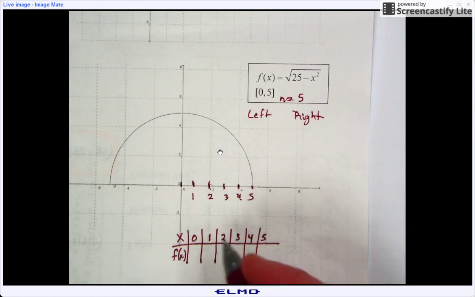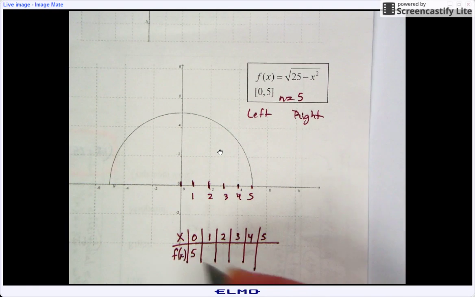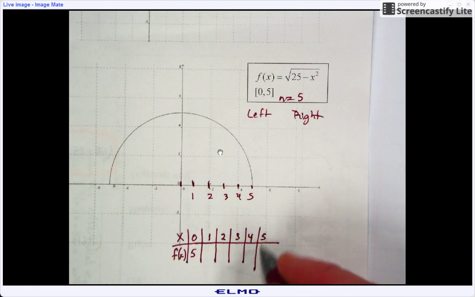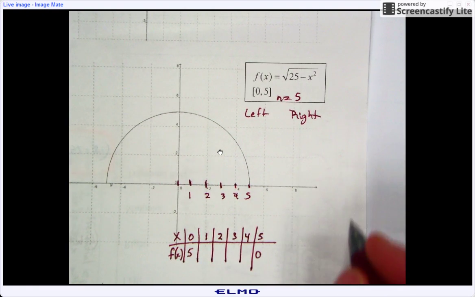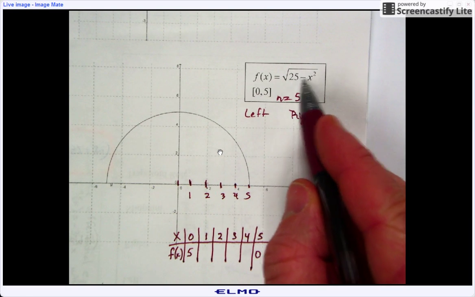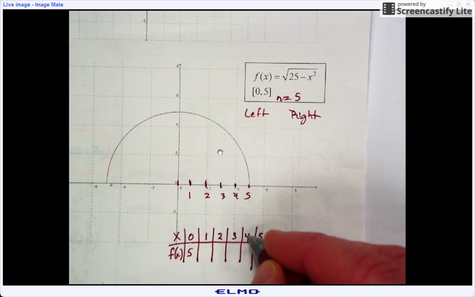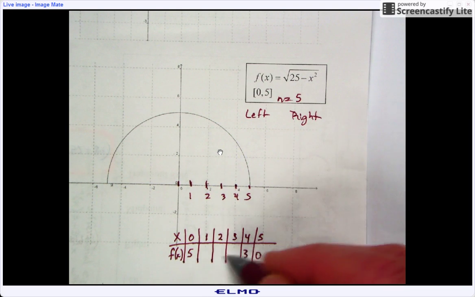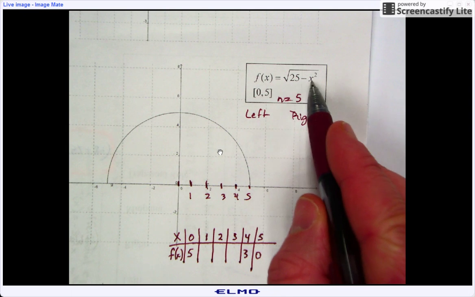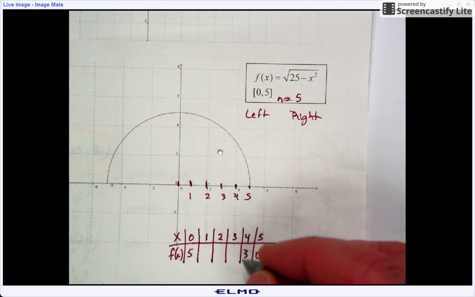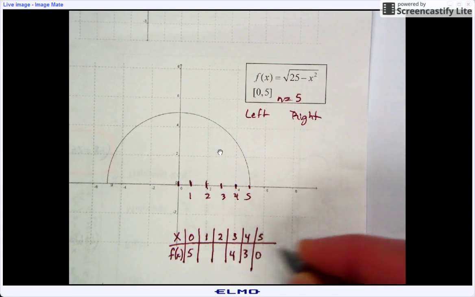So 0 is easy, that's 5. 5 is easy, that's 0. 4, 25 minus 16 is 9, so that's 3. That one's nice. There's some that are not so nice. Number 3, let's plug in 3. 25 minus 9 is 16, so that's 4.